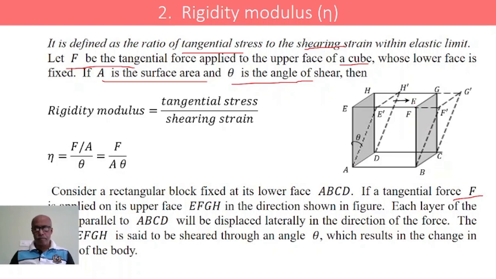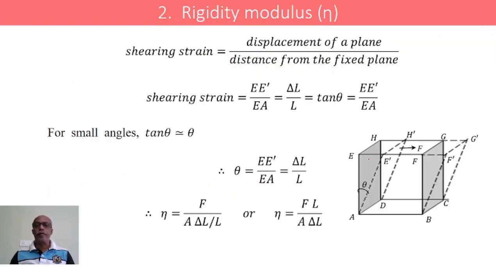As the tangential force is applied on the upper surface, each layer of the cube above ABCD gets displaced laterally, and that is given by the shearing strain theta, because of which it results in the change in the shape of the body.